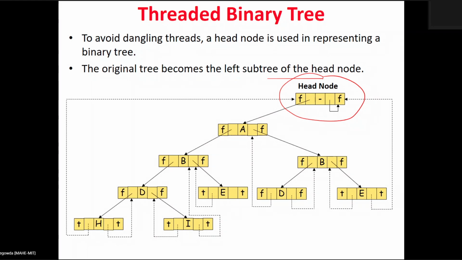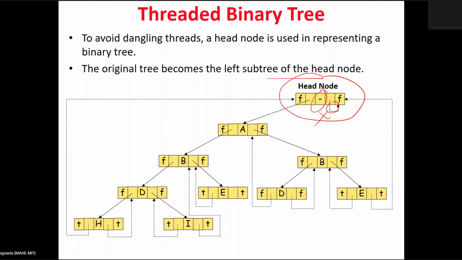The header node does not contain any data. Its data part is empty, its left link field points to the root node, and its right link field points to the node itself.